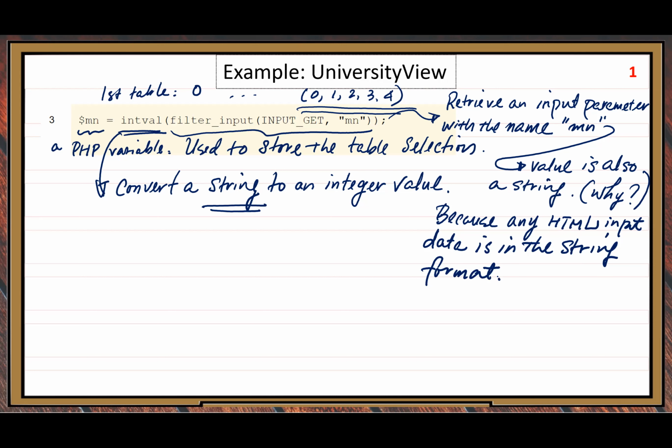Any HTML input originally is a string. If we want to use it as a number, integer, or floating point number, we need to do the conversion. Here, we want to use this number as an array index.